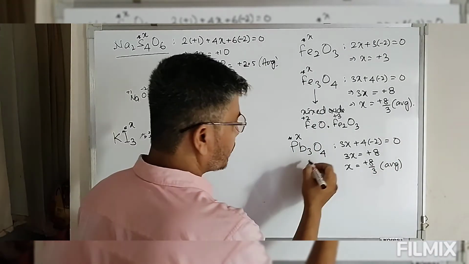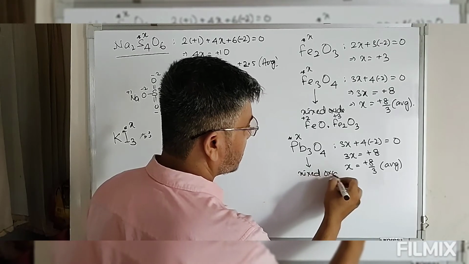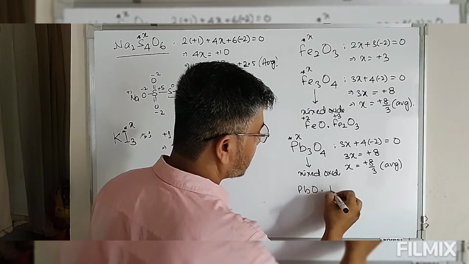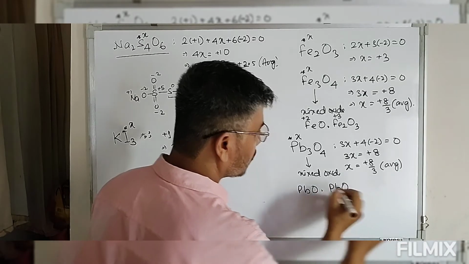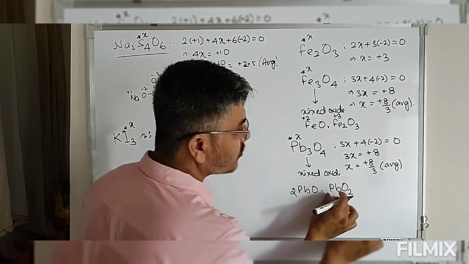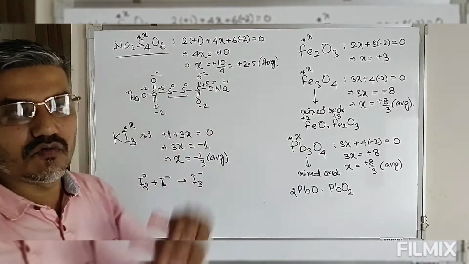Again, this Pb3O4 is a mixed oxide, and this mixed oxide is PbO and PbO2. 2 parts of PbO combine with 1 part of PbO2, and this gives you Pb3O4.